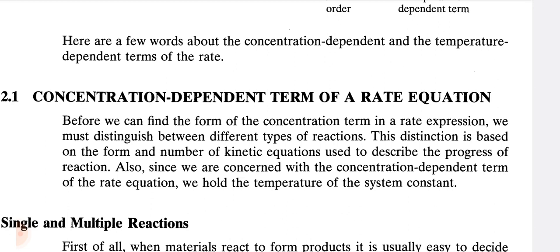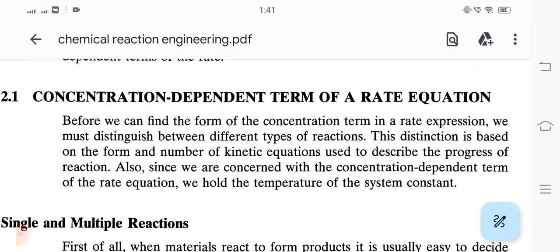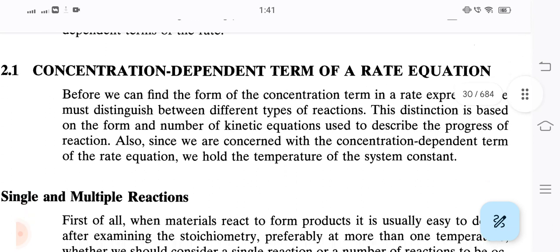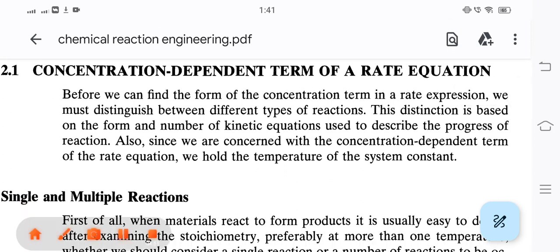This distinction is based on the form and number of kinetic equations used to describe the progress of reaction. Also, since we are concerned with the concentration dependent terms of the equation, we hold the temperature of the system constant.